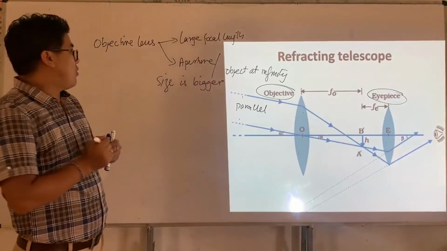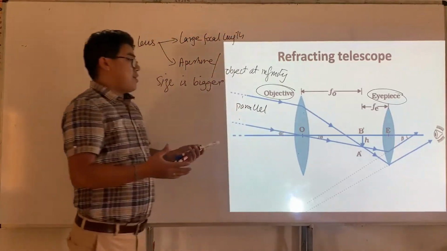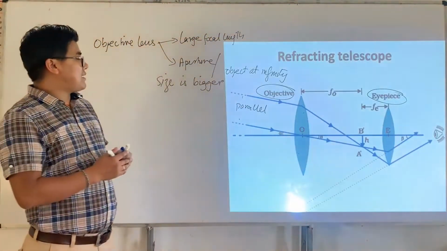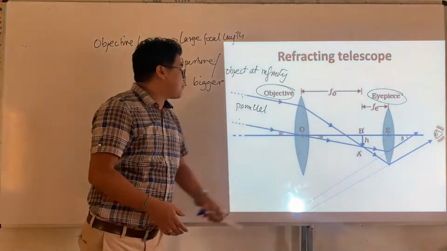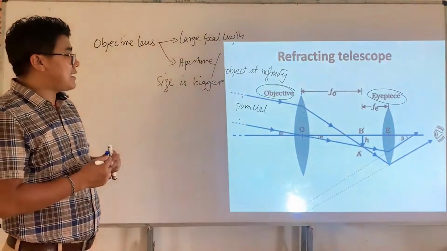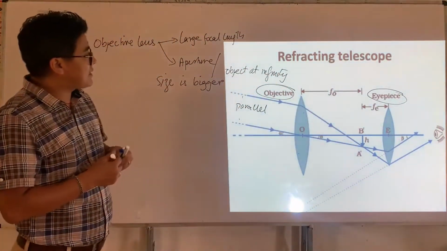This is very, very important. So this lens should have a larger focal length, and the size should be much bigger. And this is the eyepiece.